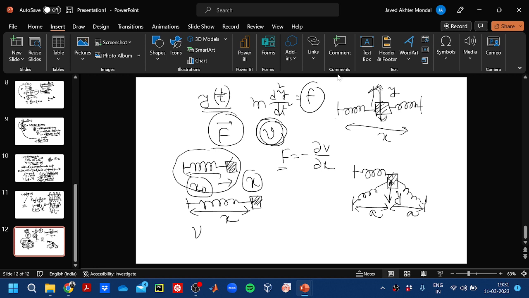Then the potential energy stored is half k (x minus x naught) squared, where k is the spring constant.